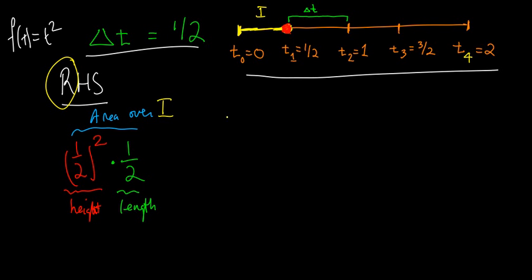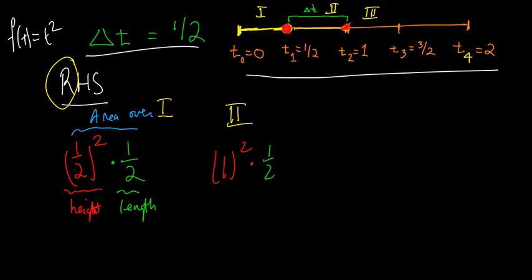Okay, so let's go to region 2. The right-hand endpoint in region 2 is going to be 1. So we're going to plug 1, well, let's use red to be consistent, into the function. The function tells us to square it. Then we multiply that by the length, which is delta t, 1 half. Let's go on to interval 3.